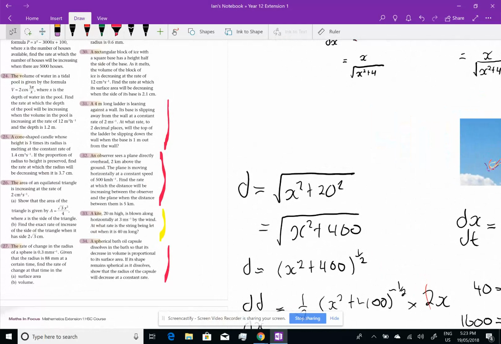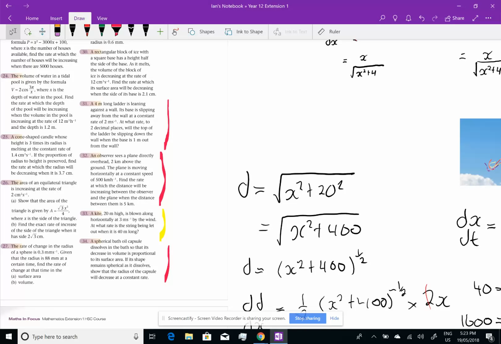A spherical bath oil capsule dissolves in a bath so that its decrease in volume is proportional to its surface area. Its shape remains spherical. So imagine you've got a bath bomb, you put it in the bath, and it keeps shrinking so that its volume and surface area are proportional, and it retains its shape as a sphere.